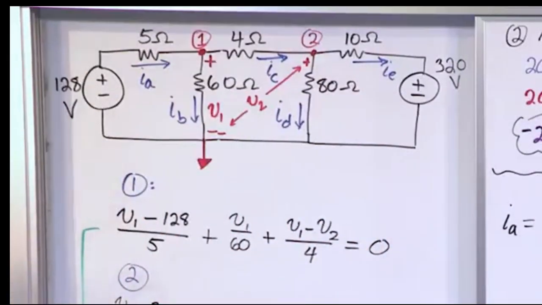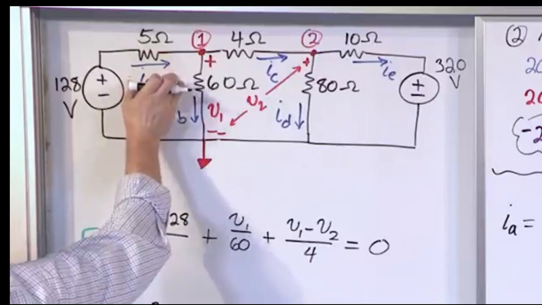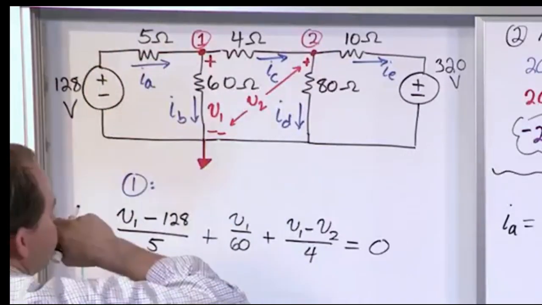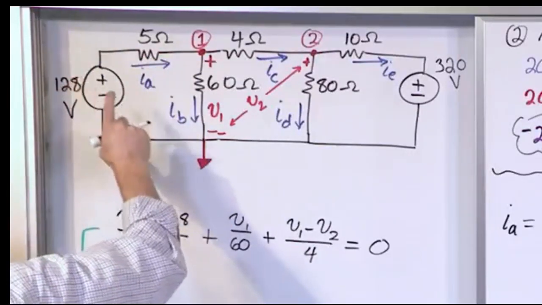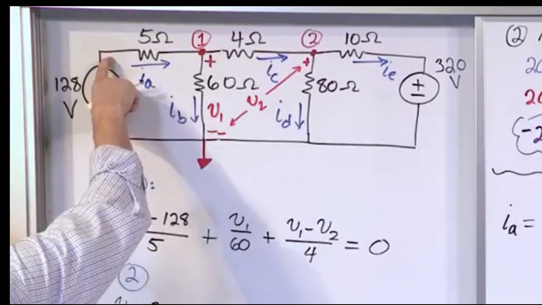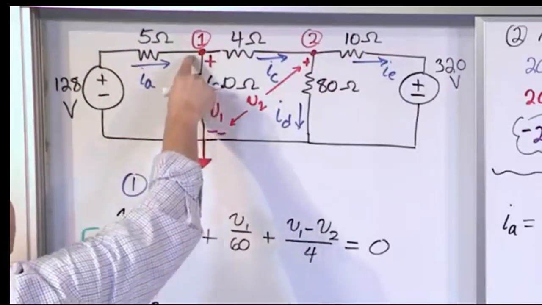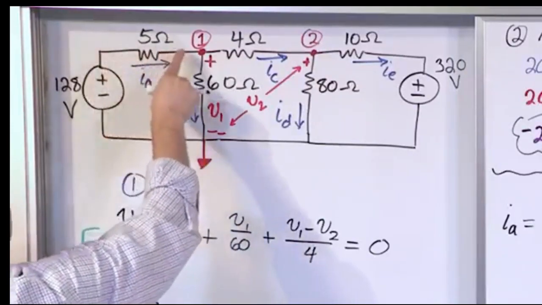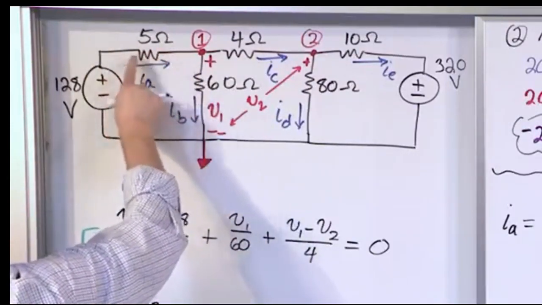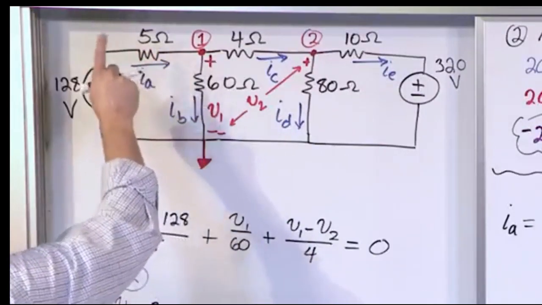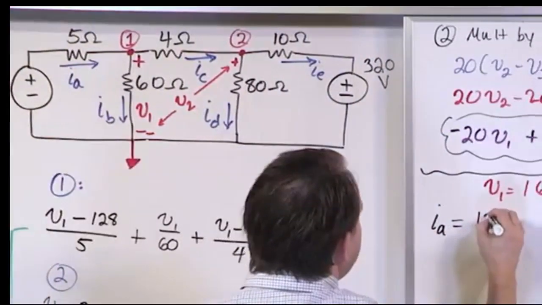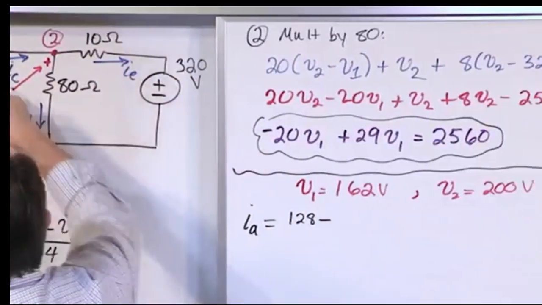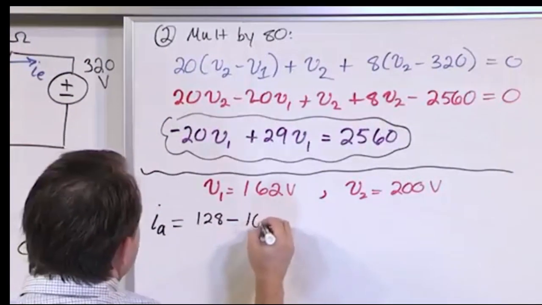So the way you figure this out is, the way it's drawn is telling you that this current should be going this way. So the way to figure it out would be 128 volts minus this voltage, but we know what this voltage is now. V1 is 162 volts. So this minus this gives me a voltage drop in the direction of this current, divided by 5. So it would be 128 minus V1, which is 162.